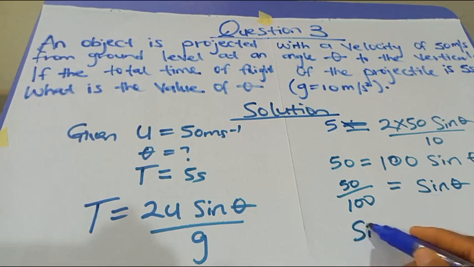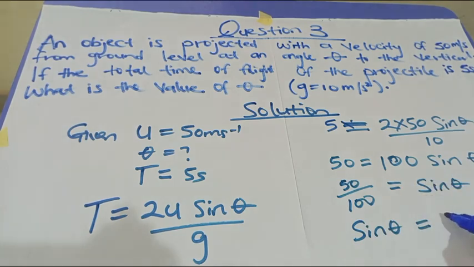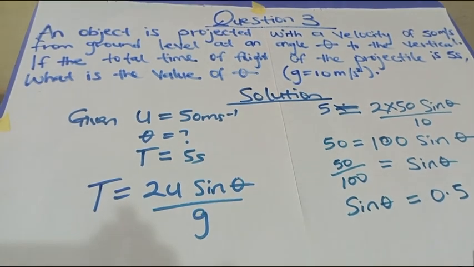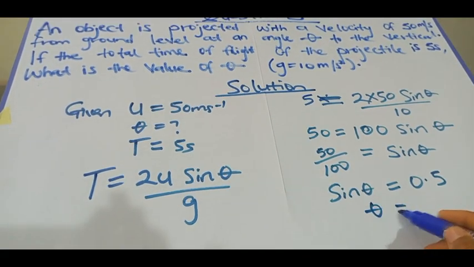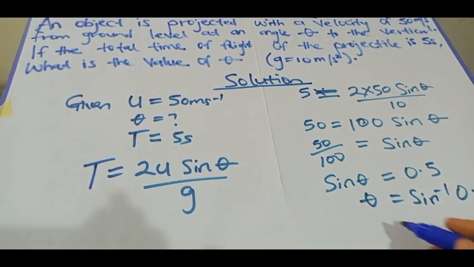It's the same thing as saying sine theta is equal to 5 over 10, which is 0.5. So theta will be sine inverse of 0.5. Our final answer will be 30 degrees.